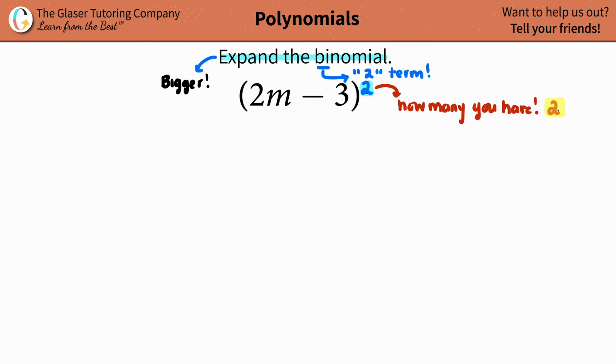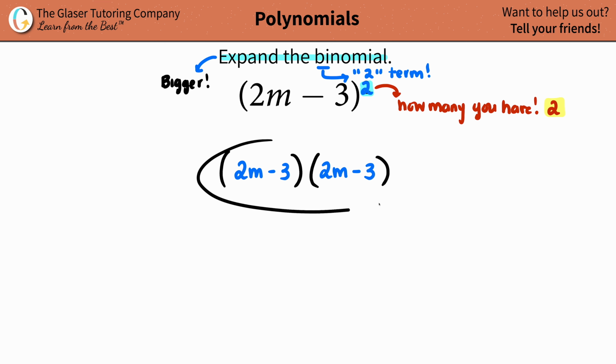We just need to write 2m minus 3 two times, because we got 2 of them. So here comes the first one, 2m minus 3. Let's close that first parenthesis. There's my first one. And now let's just do it again. 2m minus 3, close the parenthesis, and you now have your expansion.